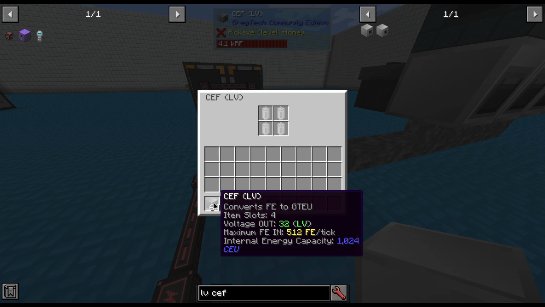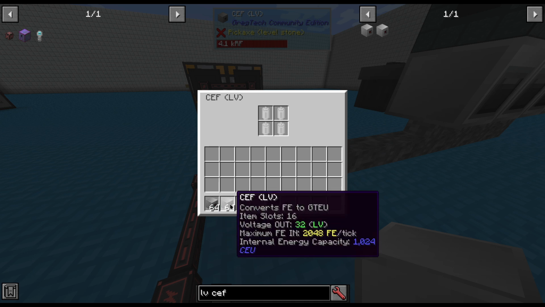As you can see in the description here, we can find how much power from FE we need for each CEF. In this case, we need 512 RF or FE, like it's written here, but that's the same thing, trust me. We have to supply 512 RF per tick for 4-slot, and for 16-slot we have to supply 2048 RF per tick.